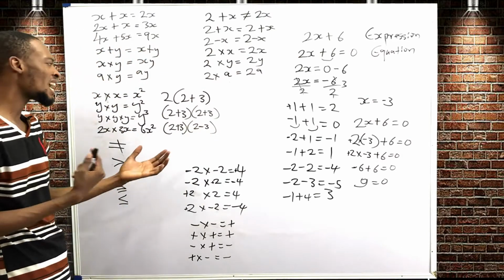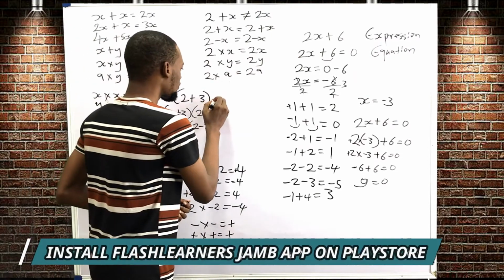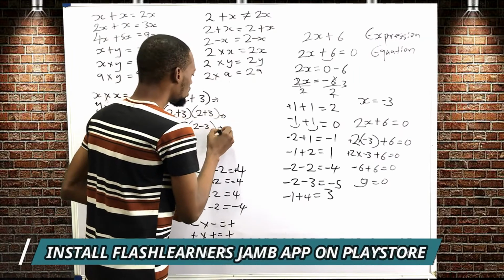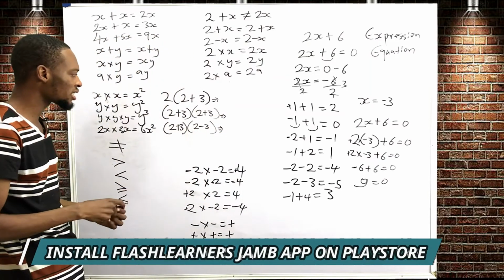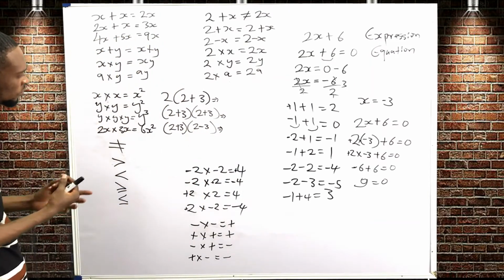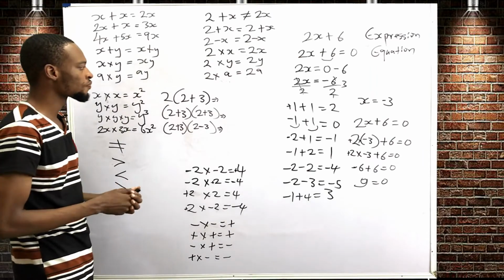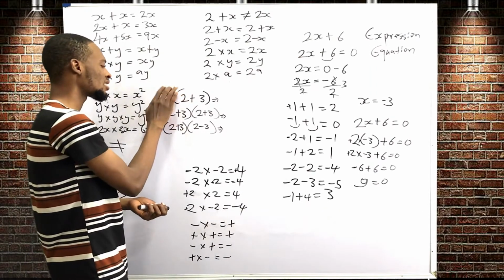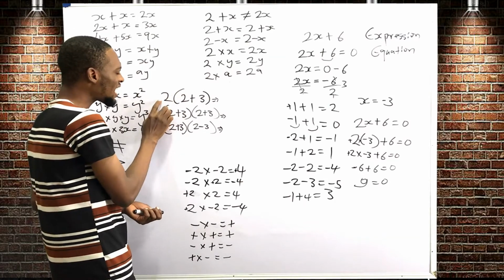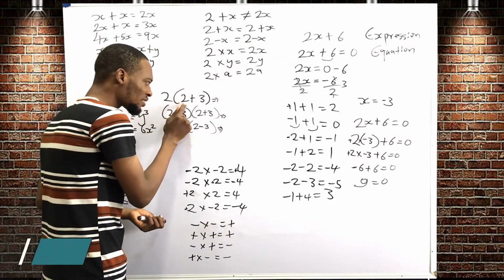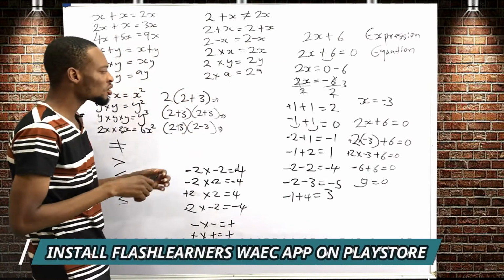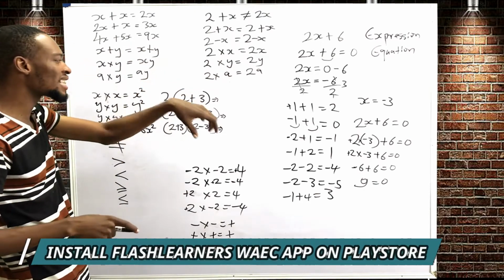When you see something like this, how do you solve it? How do you open the bracket? It's easy. To open this bracket, multiply this by this and this by this. So multiply the number by each of the stuff inside the bracket.